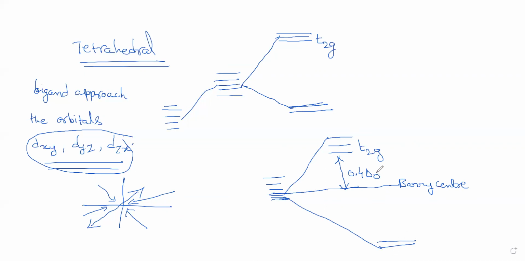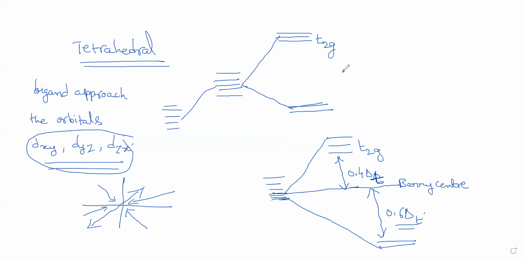Now this is not delta naught, we'll call it delta T now. T stands for tetrahedral, 0.4 delta T. That's the only change. And now this is 0.6 delta T, we'll call. Delta T means the crystal field stabilization energy for the tetrahedral complex.